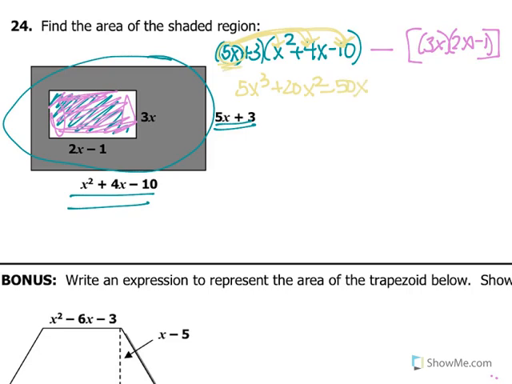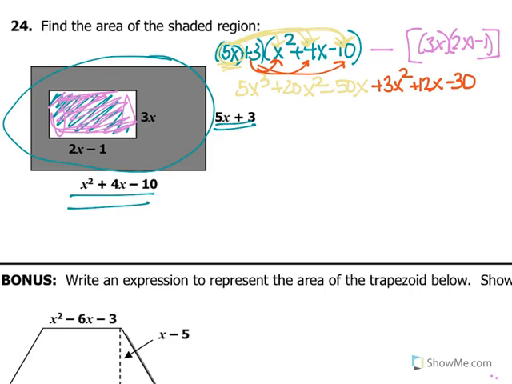So now the 5x is done. Now what we need to do is take 3 and multiply it by all three of those terms. So plus 3x squared plus 12x minus 30.